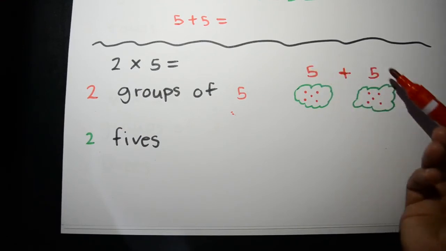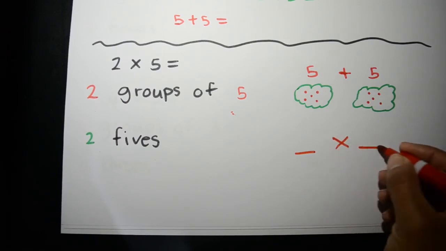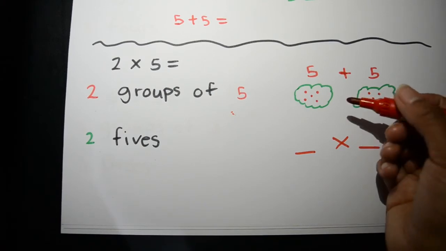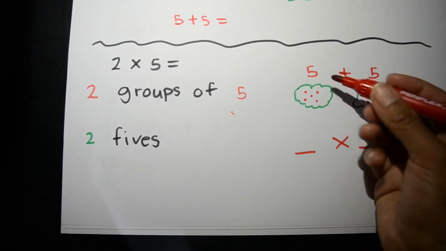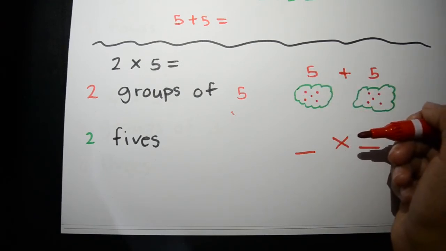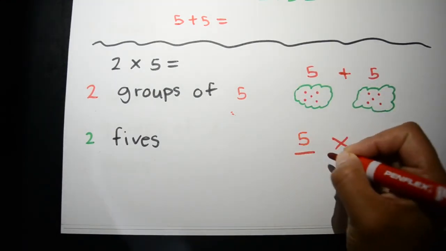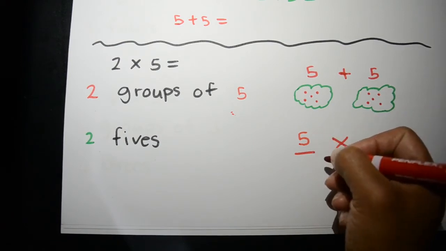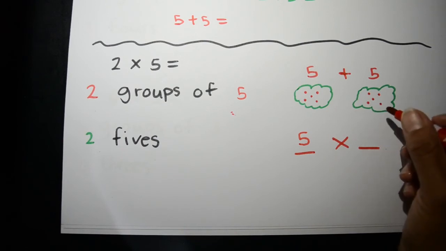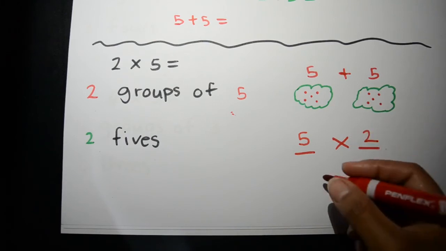So if I wanted to put this in a sum, like in a times table, then I can just see, oh, there are 2 groups, or the 5 is repeated how many times? It's repeated 2 times. So what am I counting in here? I'm counting in 5's. Remember I said to help you, that's the better number. You put it first. Counting in 5's. And how many times do I put it down? 2 times. But remember, it's the same thing.